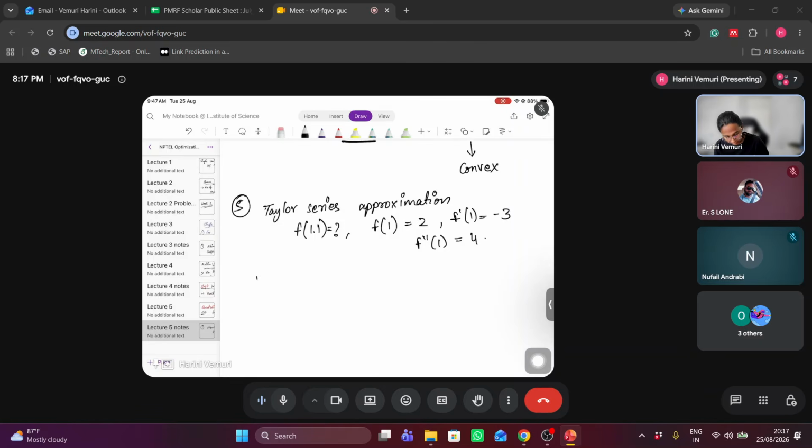Can you tell me what is the f of 1.1 value?